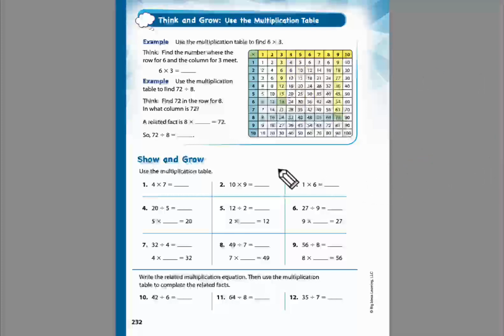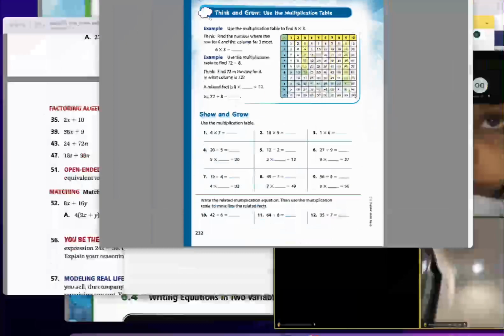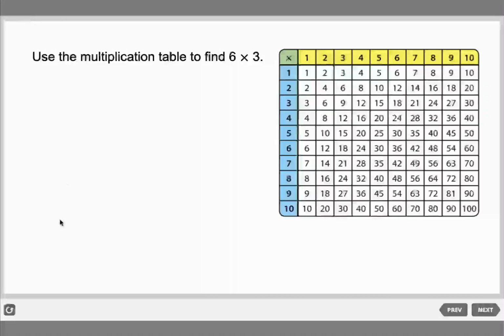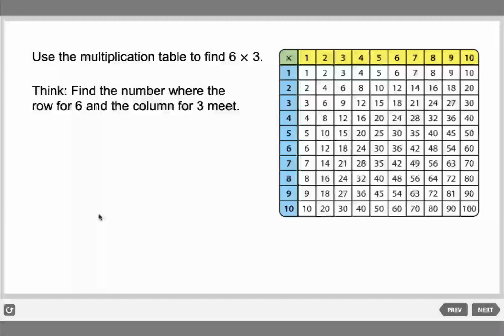Okay, my heroes. Now let's move to the book. Here on page 232, we have 2 examples at the top. In the first one, we need to use the multiplication table to find 6 times 3. Please focus, my heroes. This is how we use the multiplication table. We need to find the number where the row for 6 and the column for 3 meet.